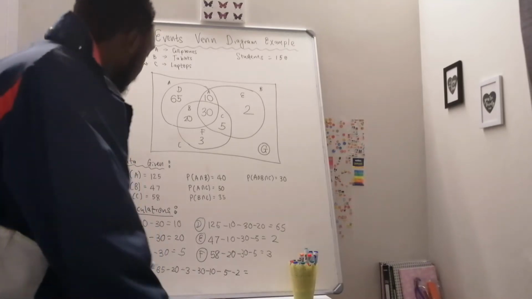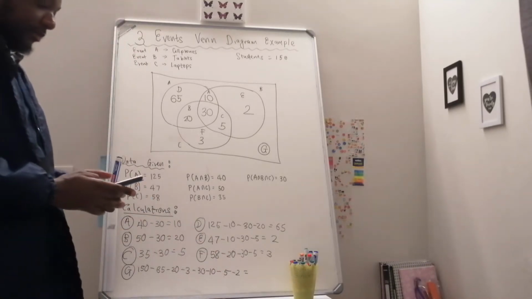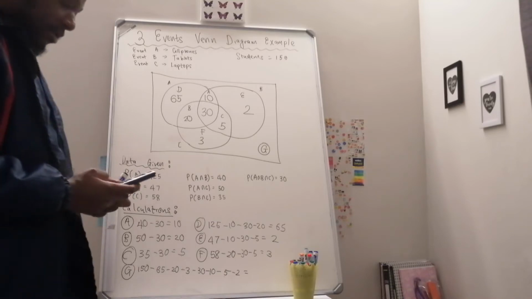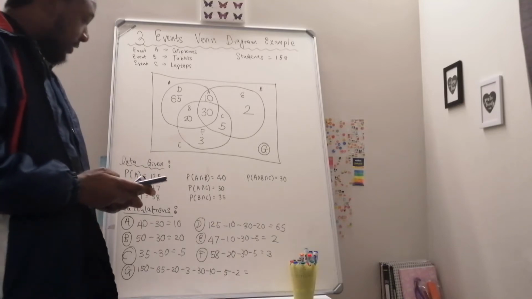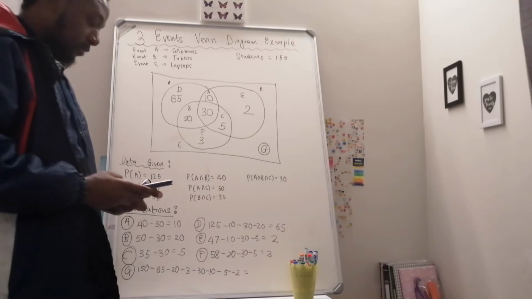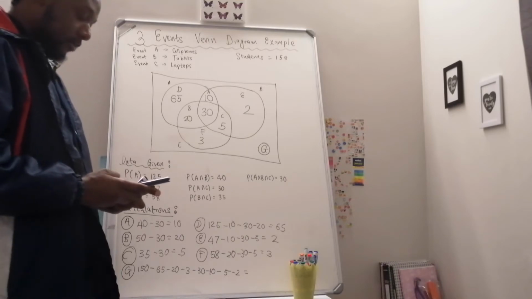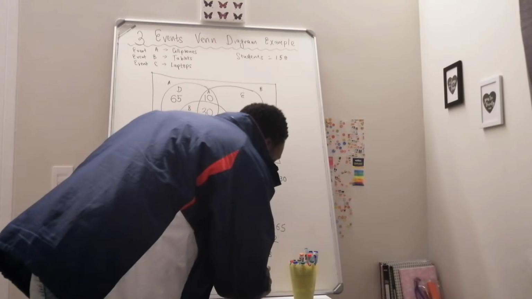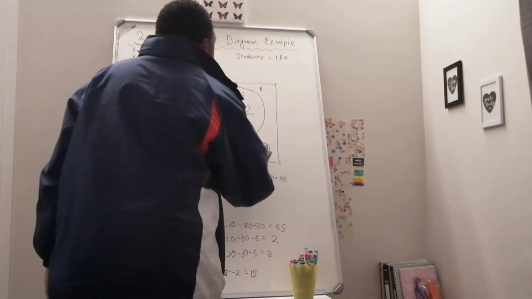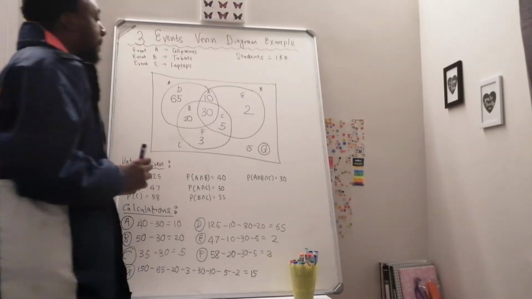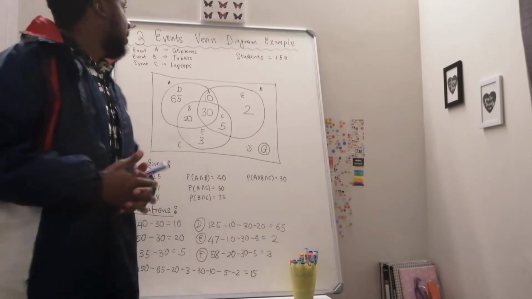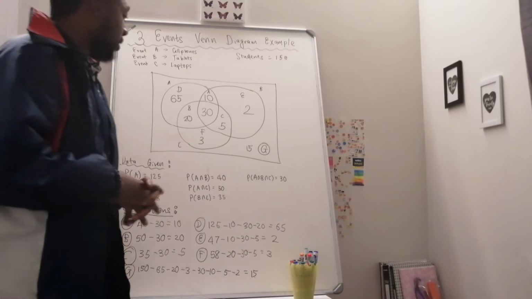What does that long arithmetic equation give us? It just gives us 15. So 15 students don't have a cell phone, don't have a laptop, and don't have a tablet.